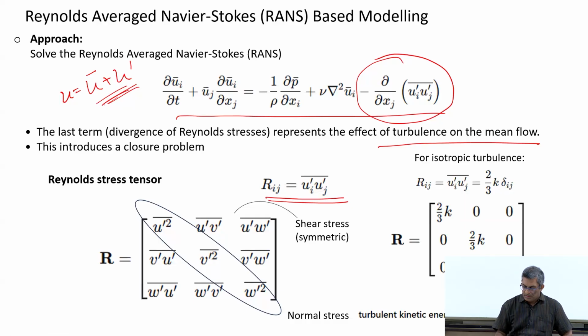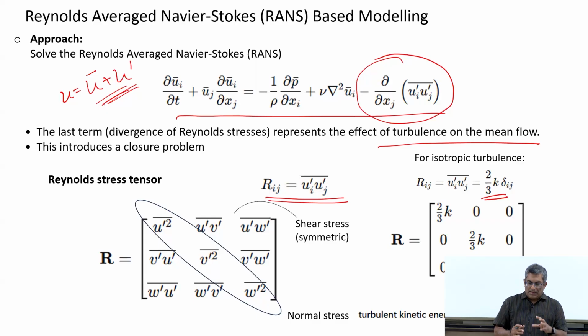If all 3 are the same, then this can be written as individual components, and we can write this in terms of the turbulent kinetic energy. But what you see here is that the turbulent shear stress terms are now 0. Why? What makes the correlation between different velocity components 0 if we have isotropic turbulence?